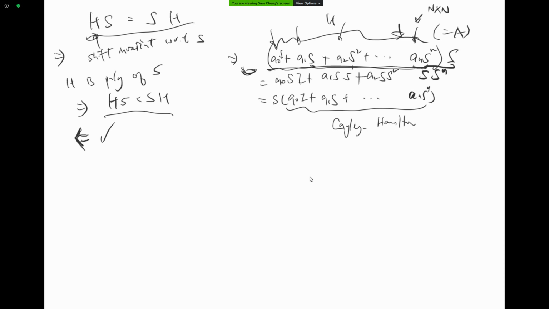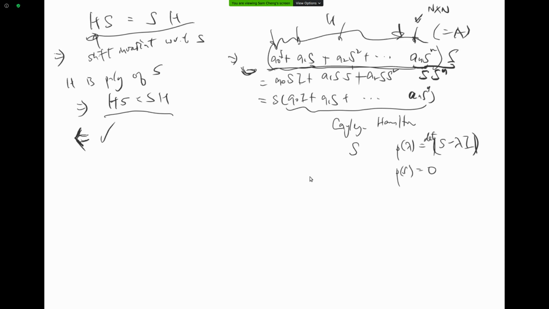Basically, if you have a matrix S, and you consider the characteristic polynomial, I define P of lambda as the determinant of S minus lambda I. So this is a polynomial function, and the Cayley-Hamilton theorem says that P of S is equal to 0.